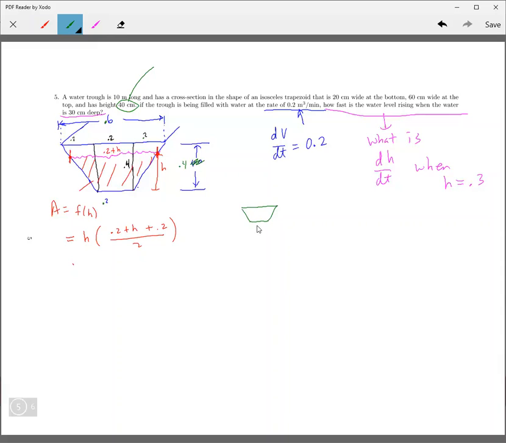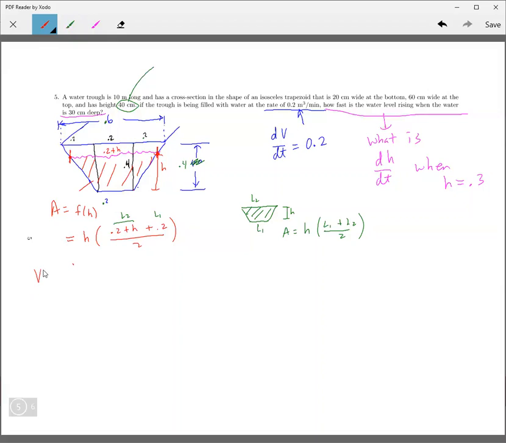If this is L1 and this is L2 and this is the height right here, then this area is going to be the height times L1 plus L2, divided by 2. So that's what I have right here. L2 is the upper one, L1 is the lower one.